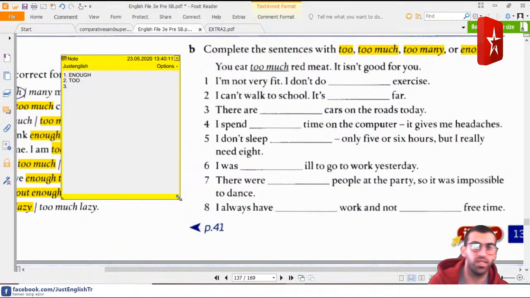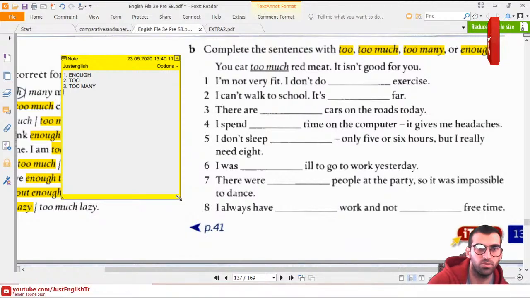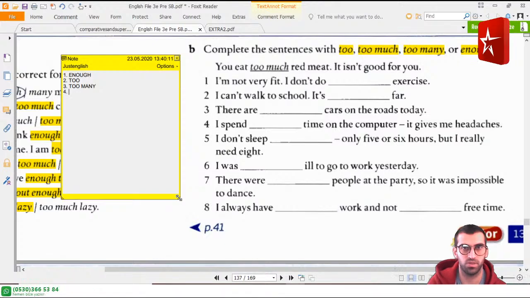There are too many. Yes, too many cars. There are too many cars on the roads today. Yes, that's the correct answer.